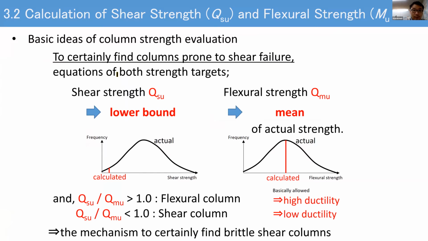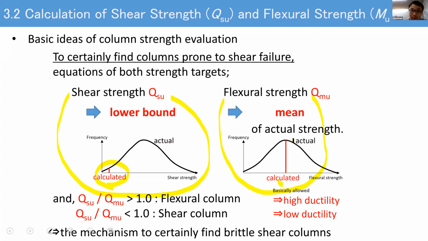To certainly find columns prone to shear failure, equations of both shear strength QSU and flexural strength QMU target different points in the strength distribution. Equations for shear strength QSU target a lower bound of strength distribution, and flexural strength QMU targets the mean of actual strength distribution.